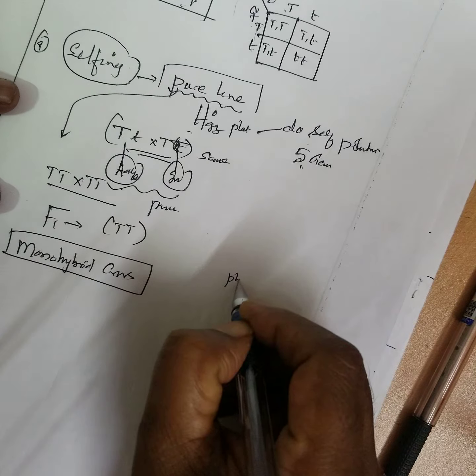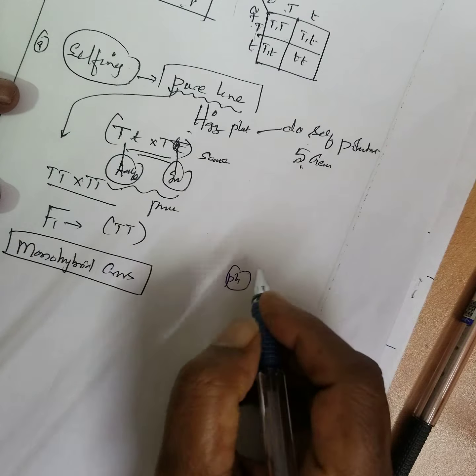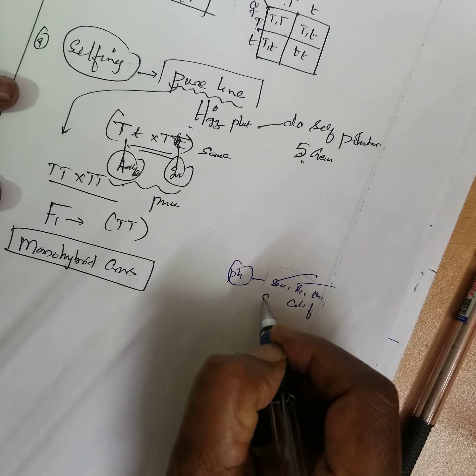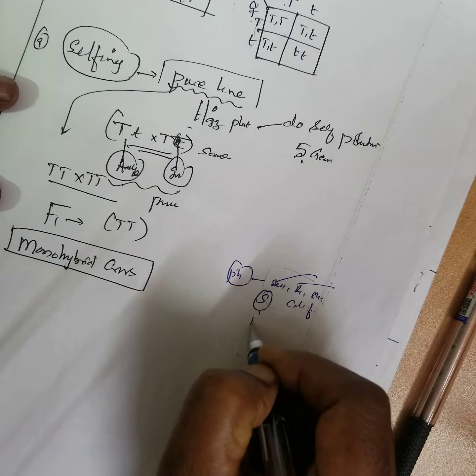If you take a plant, it is expressed in the form of different characters like seed, root, stem, color, and flower. Each one will have its own characters. If you take seed alone, it may be round or wrinkled. In seed color, it may be yellow, purple, or white.